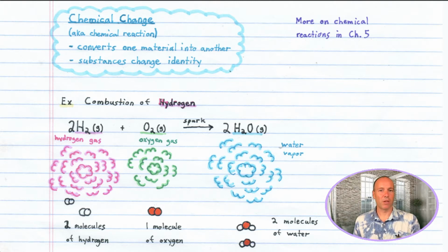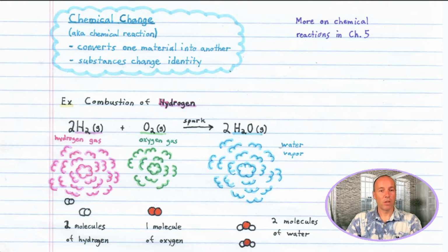Recall in our previous lecture where we talked about physical changes. Physical changes are when a substance undergoes a transition, but the identity of the substance remains the same. An example would be when solid water melts into liquid water. You still have water after the transition has occurred.